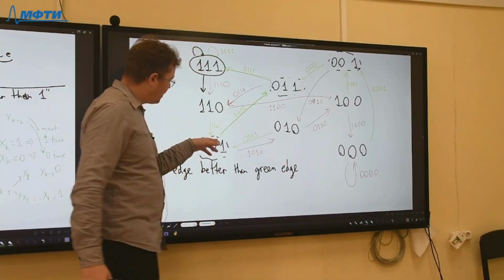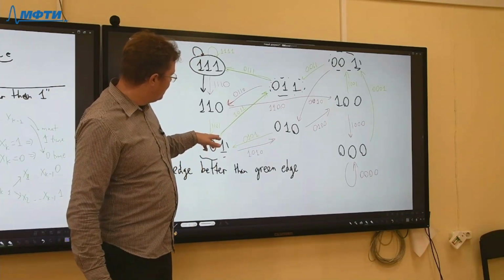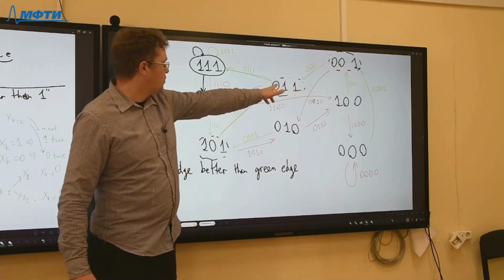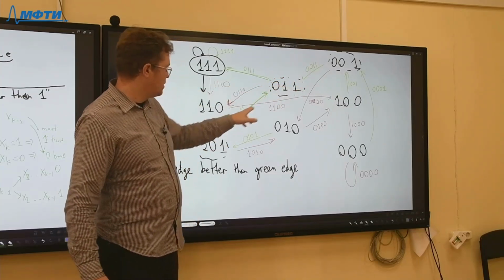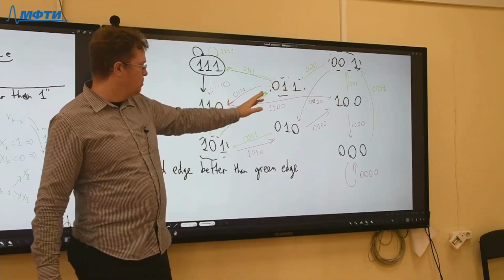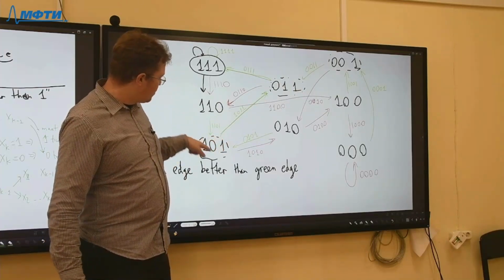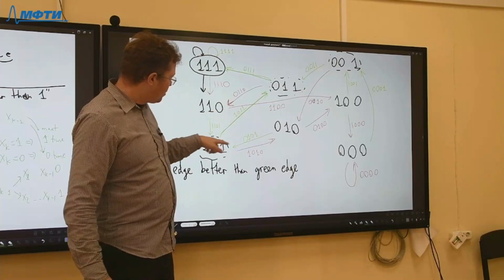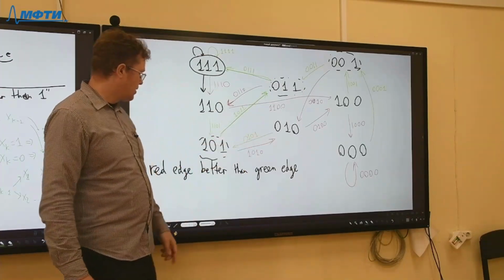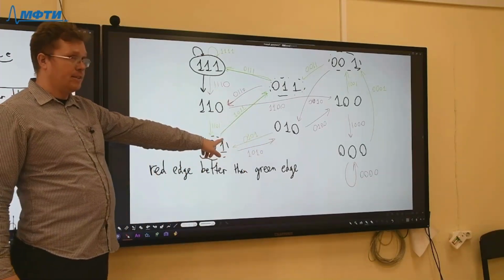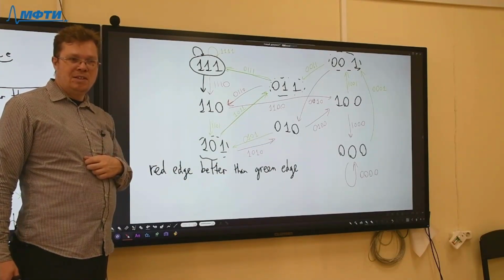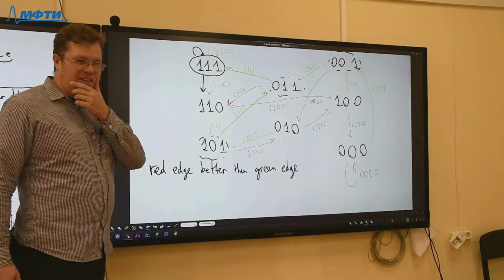But if I visited all the consecutive vertices twice, it means that I go through this edge. Going through this edge means that I used the green edge from this vertex. And if I use the green edge from this vertex, this means that I already used the red edge from this vertex. This means that I visited this vertex twice, which is a contradiction to what I said before. Okay, no.